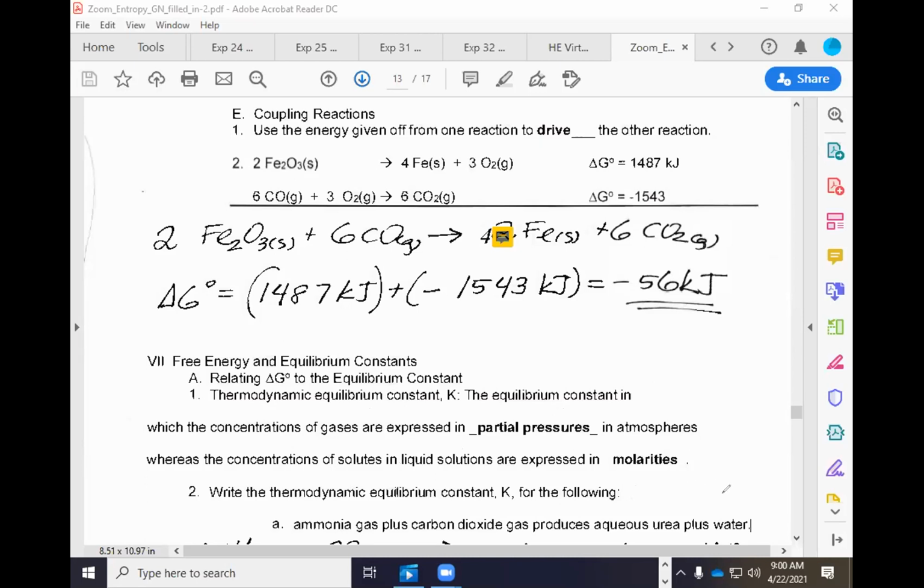And then after you write the equilibrium reaction, you're going to write the equilibrium expression. So first is the equilibrium reaction for the word equation, and then you will write the KEQ, the equilibrium expression. I'll give you a little bit of time to work on that.